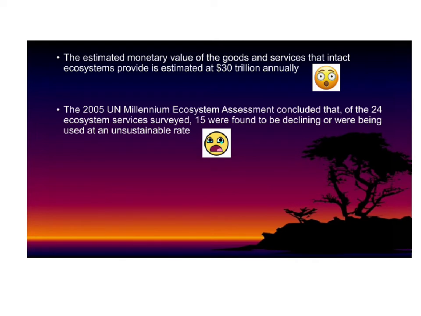The estimated monetary value of the goods and services that intact ecosystems provide to humans annually is estimated at $30 trillion. That's an awful lot of money. It's also things that can't easily be replaced by mechanized processes. Like, how are you going to recreate the hydrologic system or recreate biogeochemical cycles?